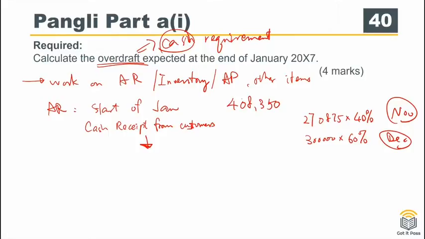So we receive the cash, which reduces the account receivable balance.